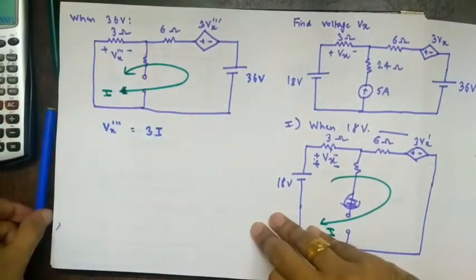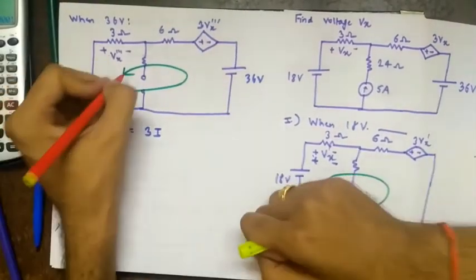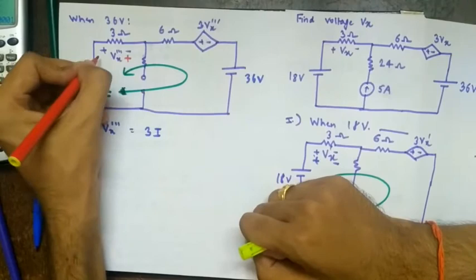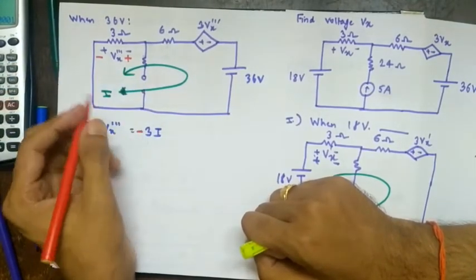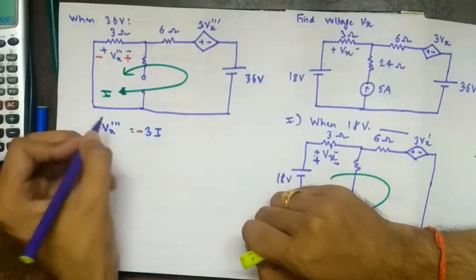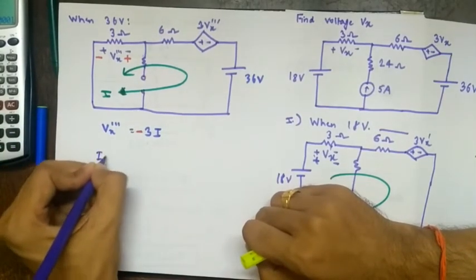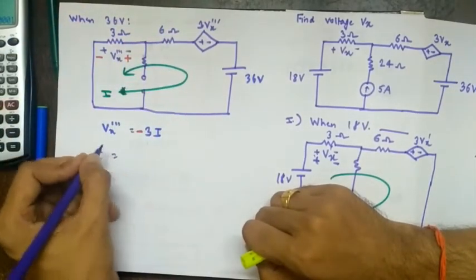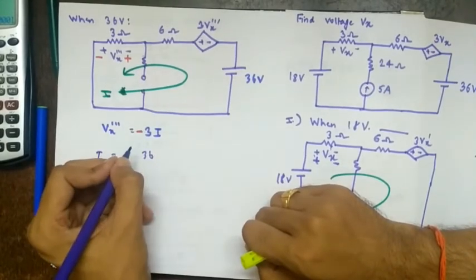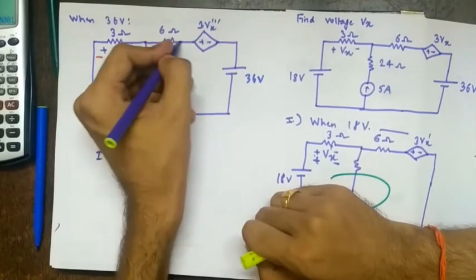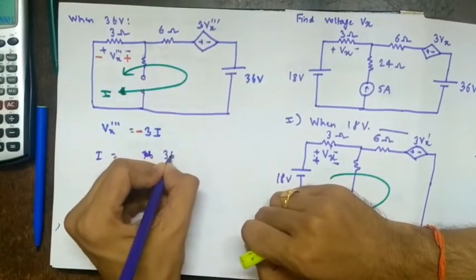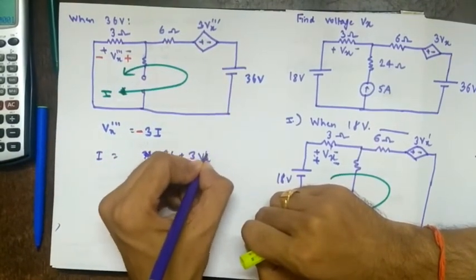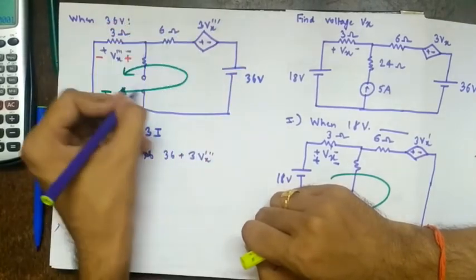So now what is happening? This current is going anti-clockwise, so this is plus, this is minus. Current flows from higher to lower potential, so this will become minus, right? Then we can apply KVL or we can use Ohm's law. We'll go like this, so plus 36 plus 3 Vx prime. Again, I went like this according to the current.